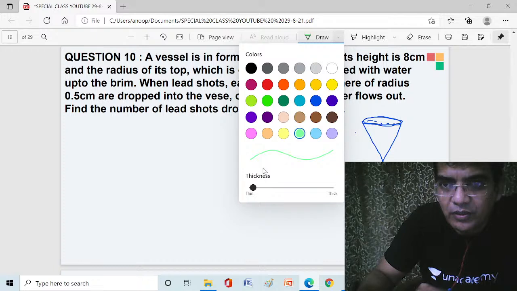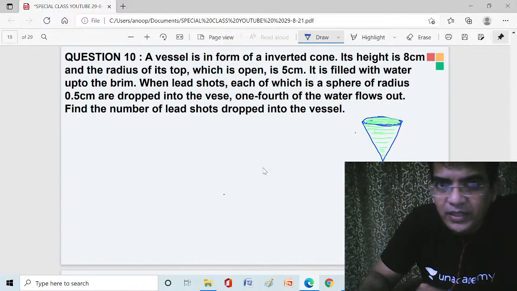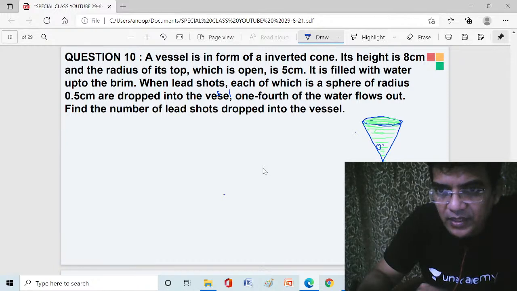Now the question says that when lead shots, each of which is a sphere of radius 0.5, are dropped into the vessel. Right? So the lead shots are dropped in it. Lead shots means which are spherical in shape, so you can say many spherical balls were dropped in it.